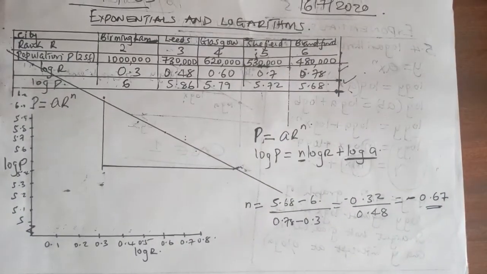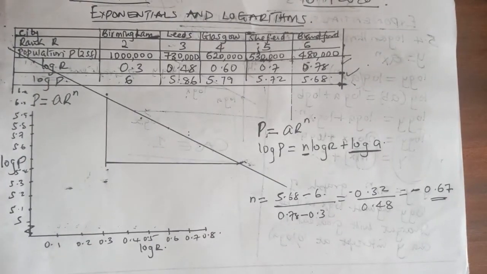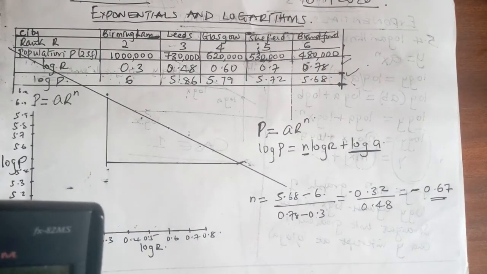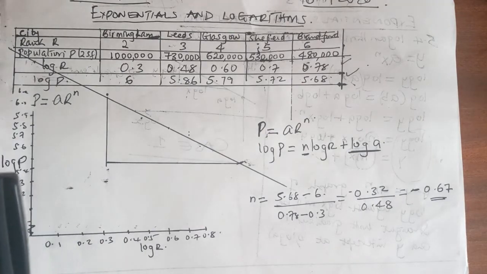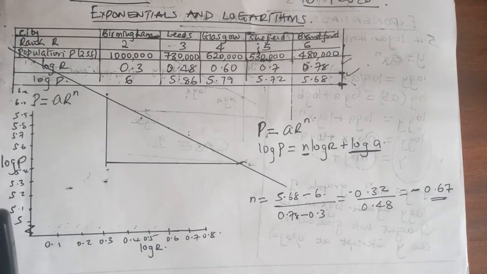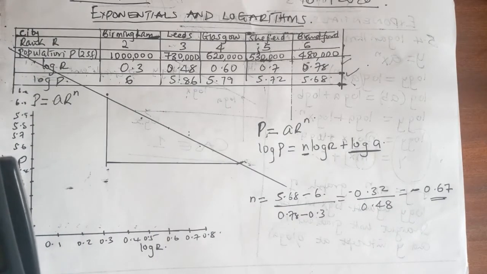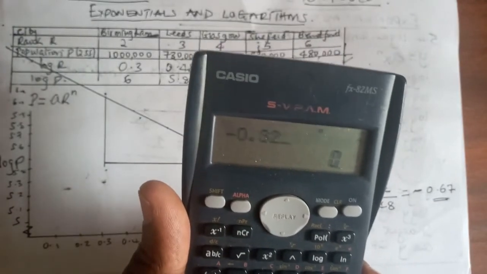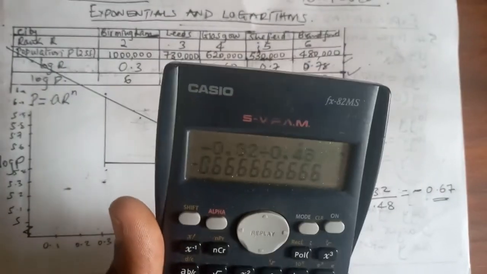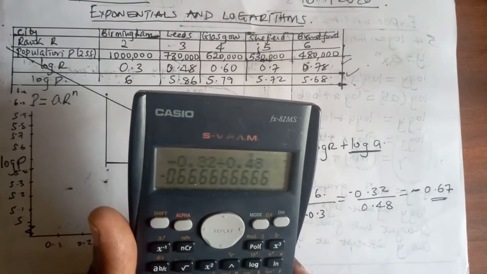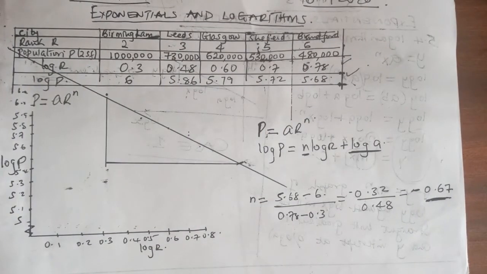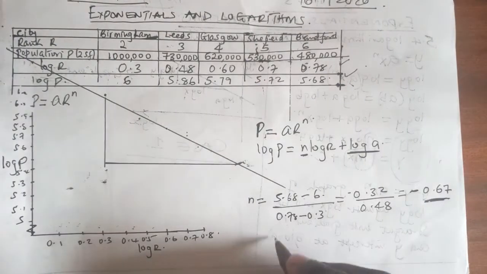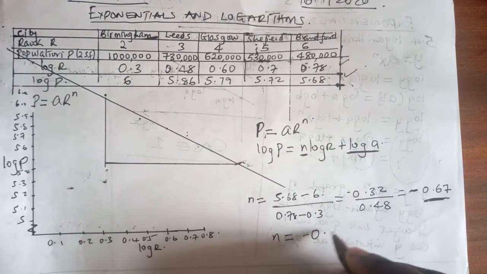Let's check that: 5.68 minus 6 equals negative 0.32, and 0.78 minus 0.3 is 0.48. So negative 0.32 divided by 0.48 is around negative 0.67. So that is our value of N. N is equal to negative 0.67.